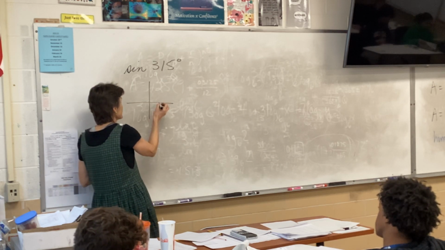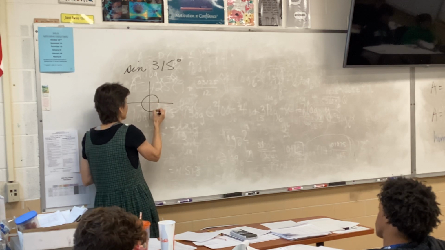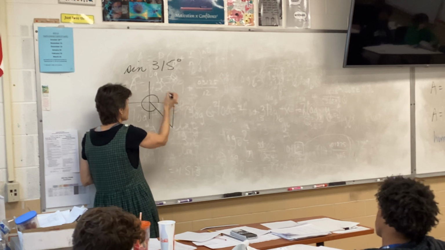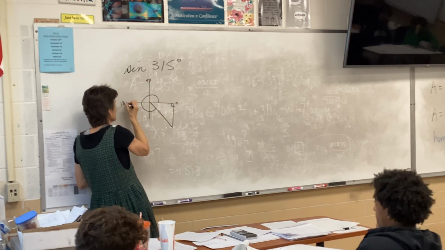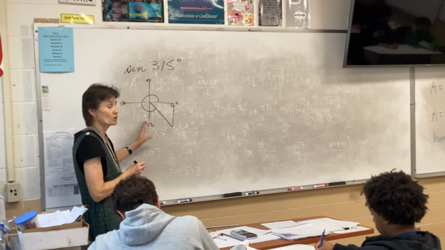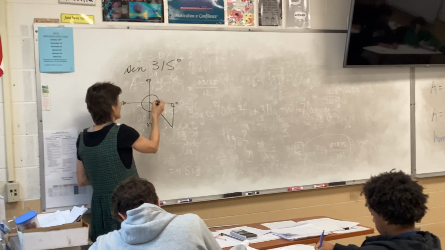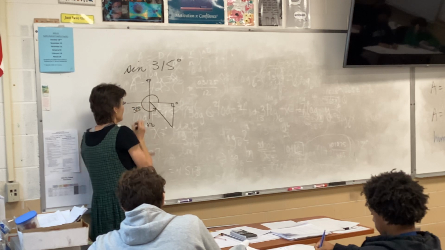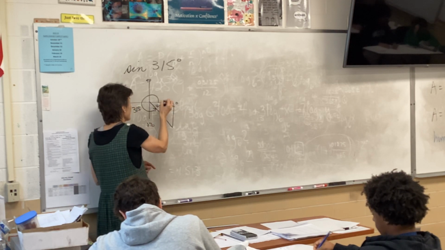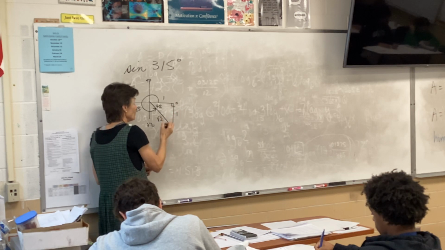I haven't memorized it, so I'm going to draw a 315-degree angle. Remember, I start measuring here. I'm not going to do this every time, but just to remind you, that's our framework, in standard position. So if this is 315, then this is 45, and the sides are 1, 1, root 2.